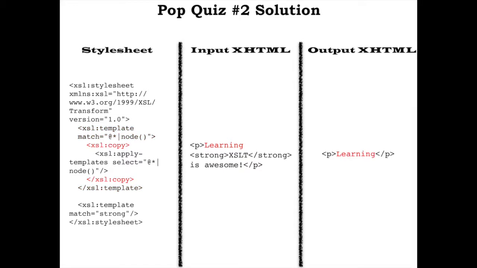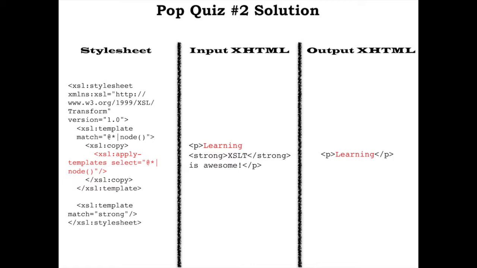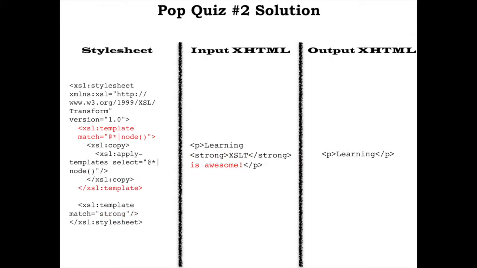Now we apply templates again. Here's where it gets interesting, right? Here we hit the strong element. So we have this template here that it matches, and it says XSL template match strong. And there's nothing inside it. So in XSLT, that means do nothing, because there's nothing to do. So okay, we do nothing, so we skip it. And then we move on to the next child element.